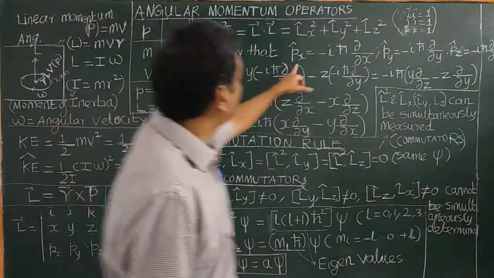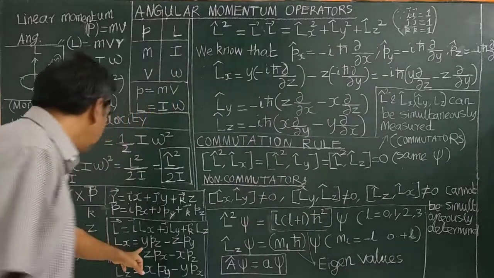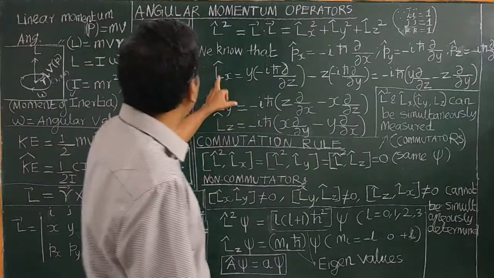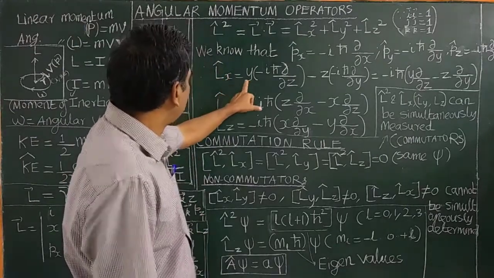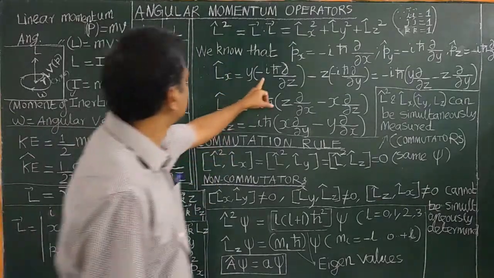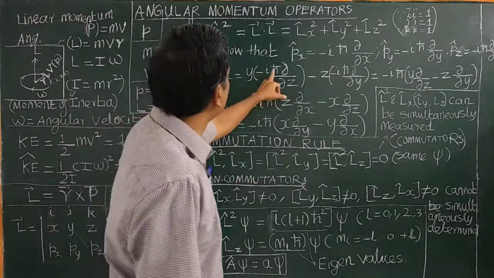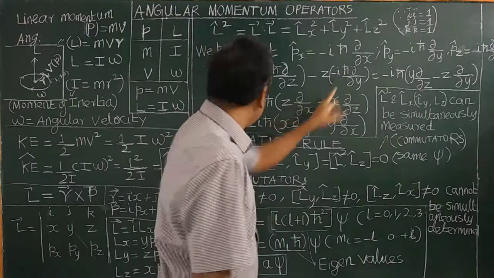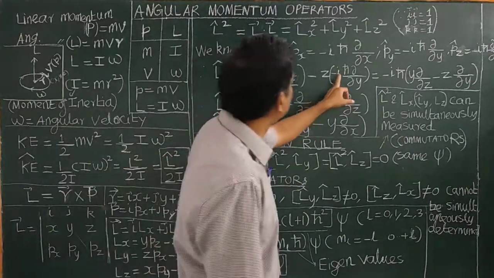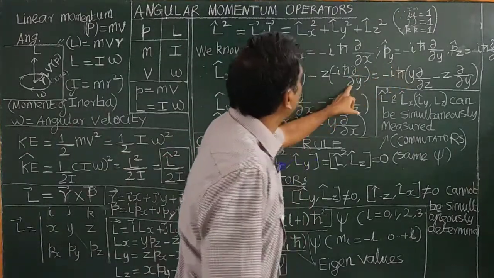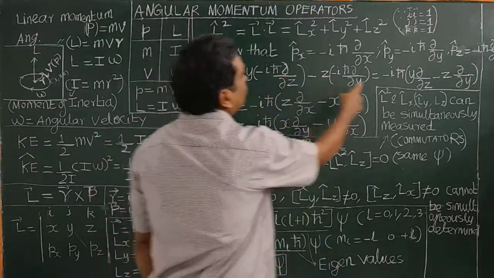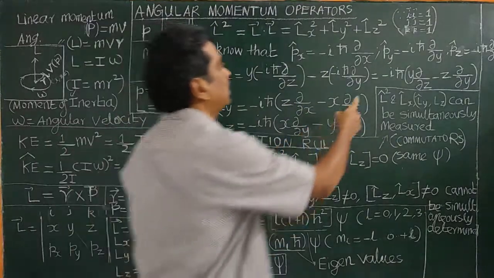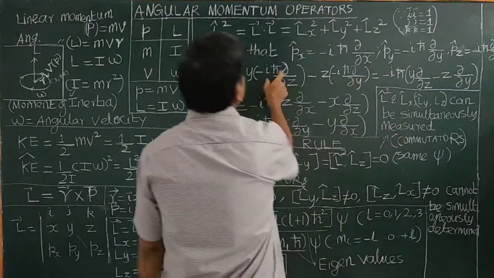Now you can substitute the operator expressions into these classical expressions. Therefore, Lx cap equals y p z minus z p y, which is y times minus i h bar del by del z minus z times minus i h bar del by del y. You can take out minus i h bar as common on both sides.